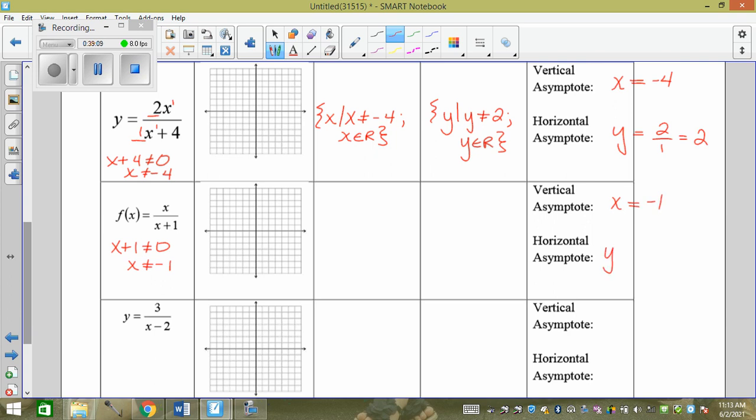My horizontal is y equals 1, because it's degree 1, I take the leading coefficients, 1 and 1. 1 divided by 1 is 1. So my domain is x such that x cannot equal -1, x is a real number. My range is y such that y cannot equal 1, y is a real number.